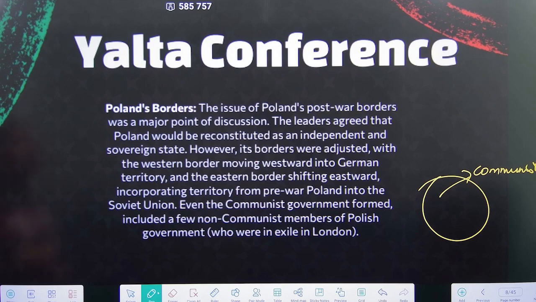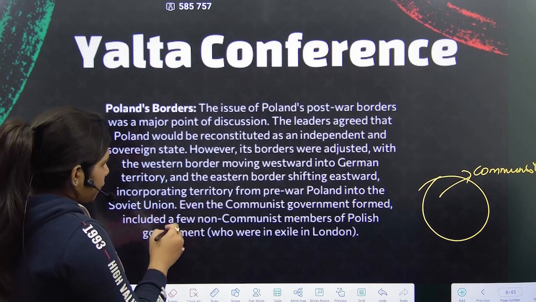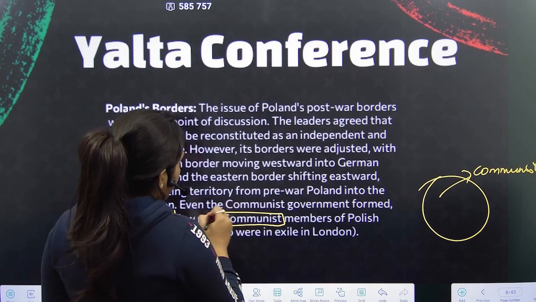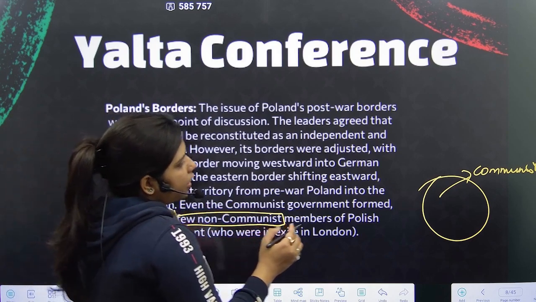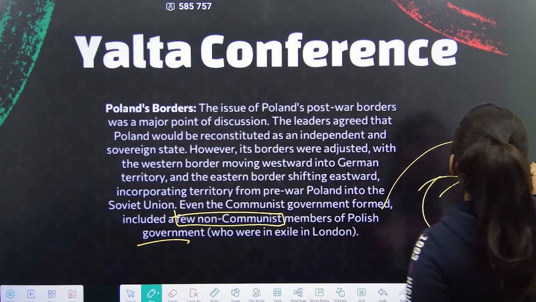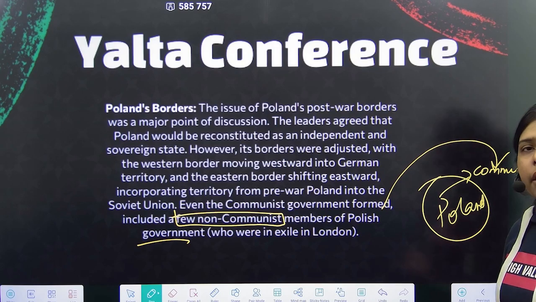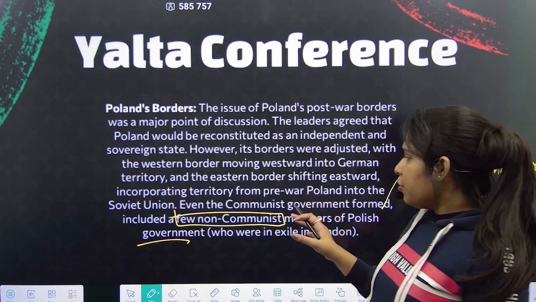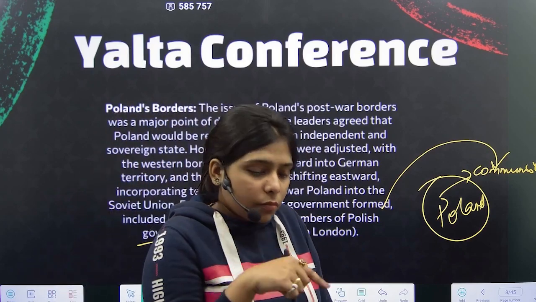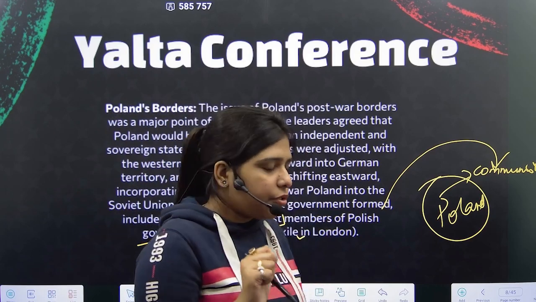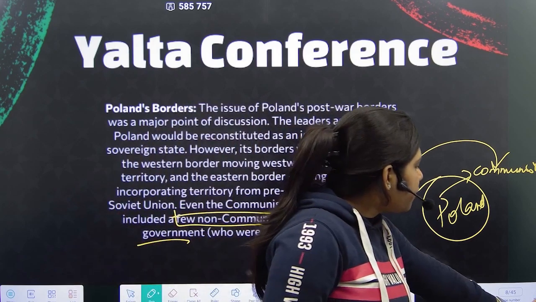A few of these non-communist members were also included in the communist regime of Poland. Okay, so this particular issue of Poland was discussed, but the USSR had its own interest over here, and you'll come to know of those interests in a while.